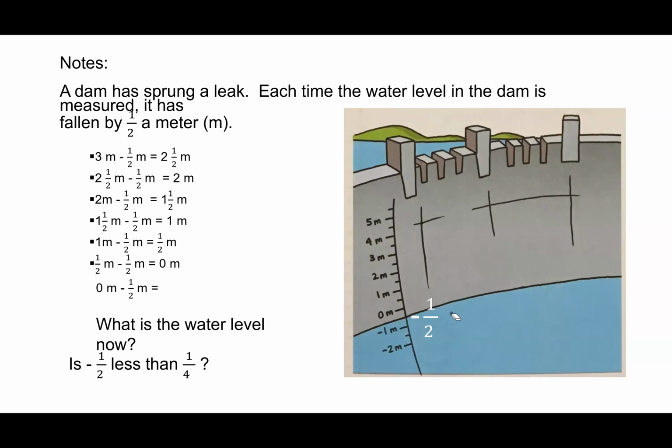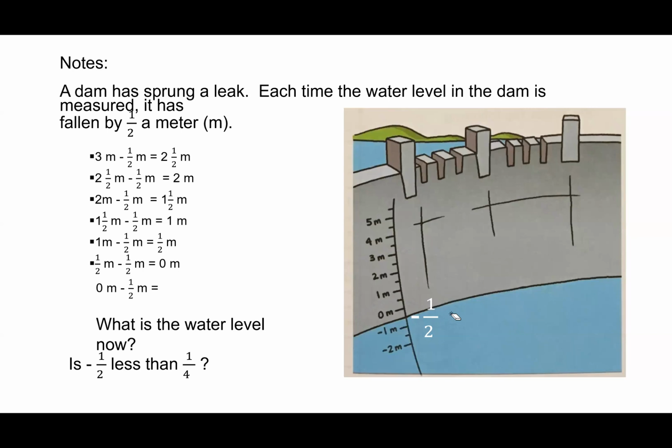Yep, good. Yeah, Michael? I understand this mathematically, but logically, what's the application? How is the water level going to go to negative 1 meter? I don't know what the application of this particular problem would be. I agree with you, in a dam, why would we measure 0 here instead of when it's completely empty?